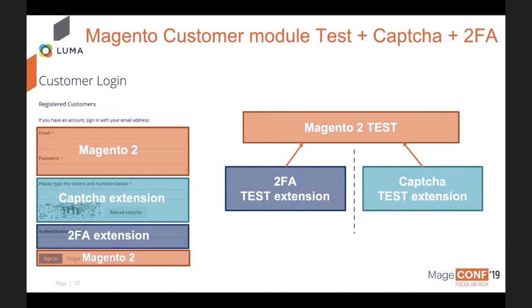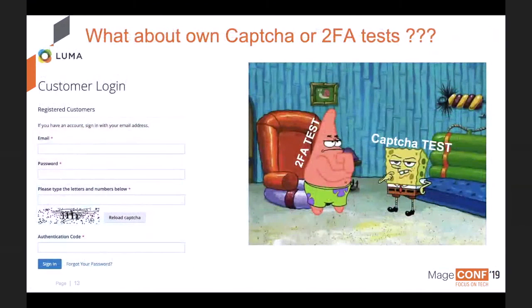So this is good. But the main question is why I'm still not talking about action groups. I want to ask a question: what will happen if each of these extensions has its own tests? How can they be extended and how can they work without knowing about each other?